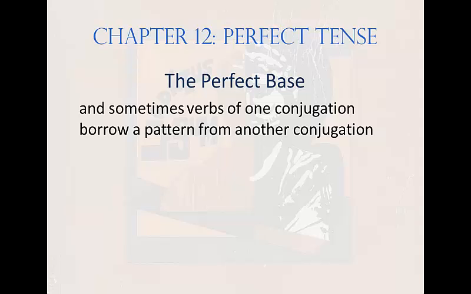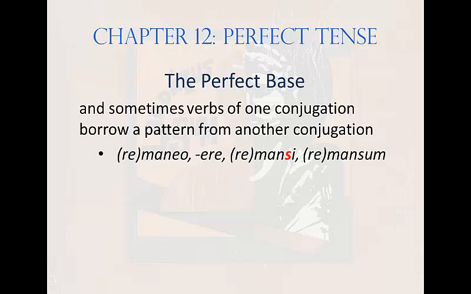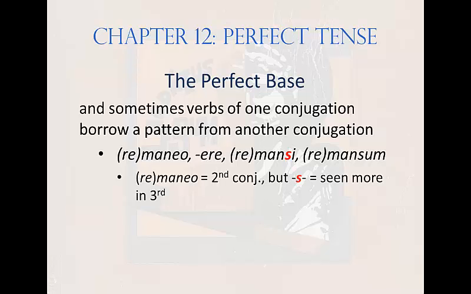In a few instances, verbs of one conjugation borrow a pattern from another conjugation, such as maneo or remaneo, manere, mansi, mansum. Maneo is second conjugation, but uses the S-perfect marker seen more often in third conjugation.